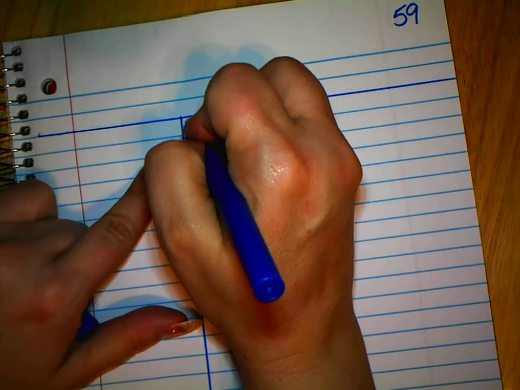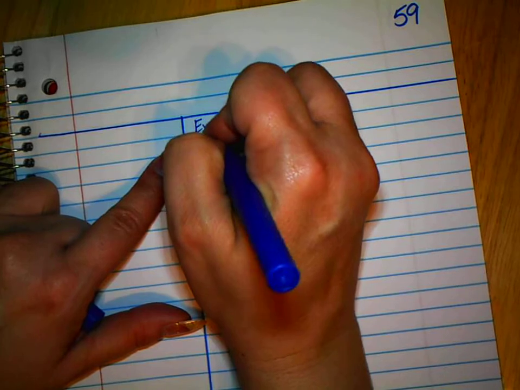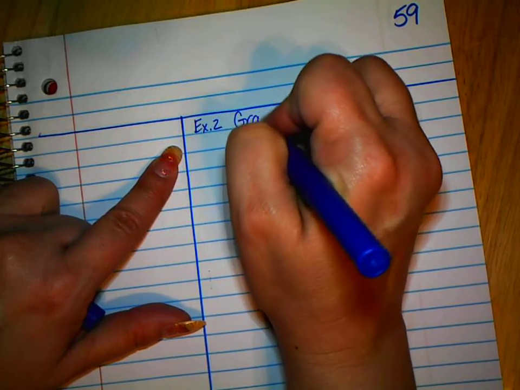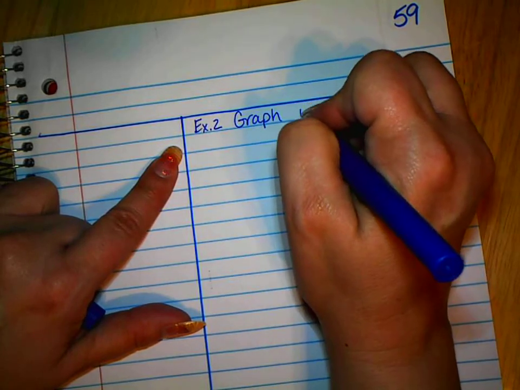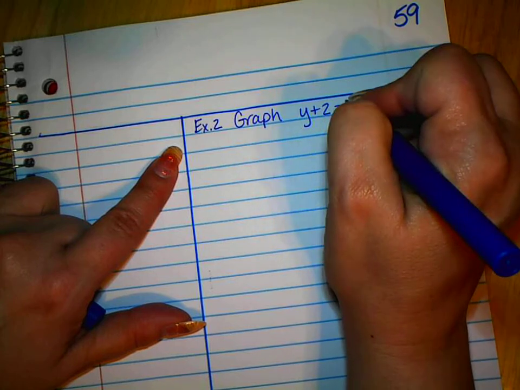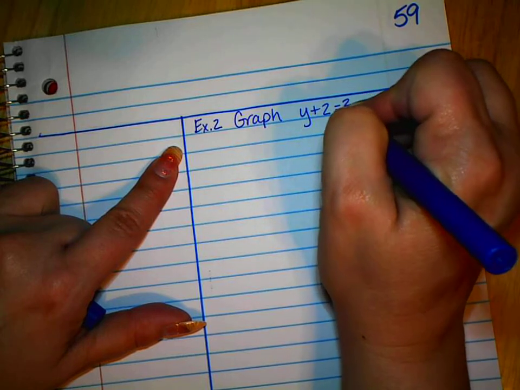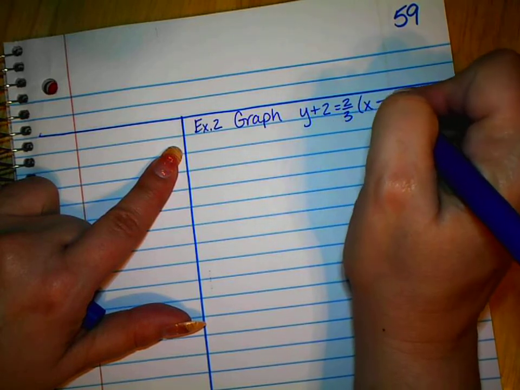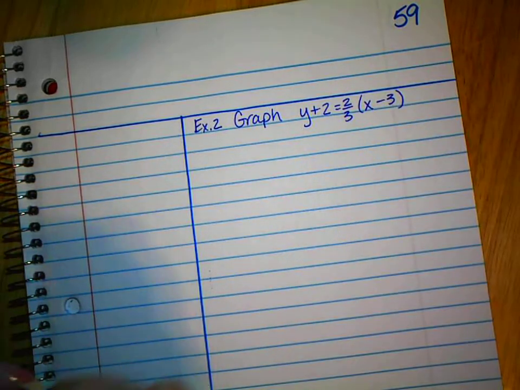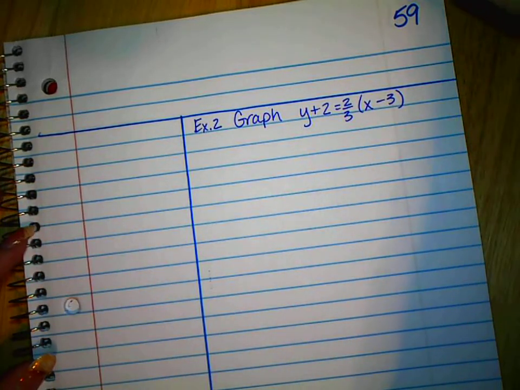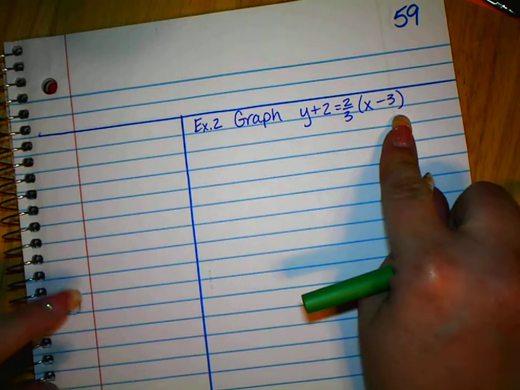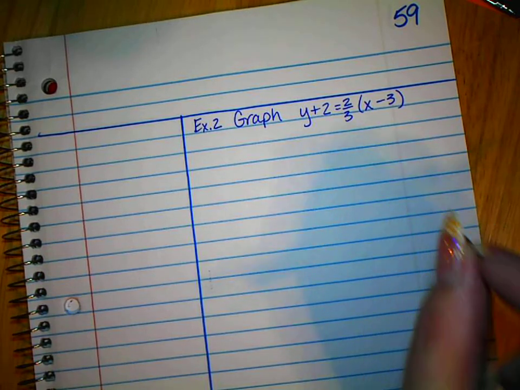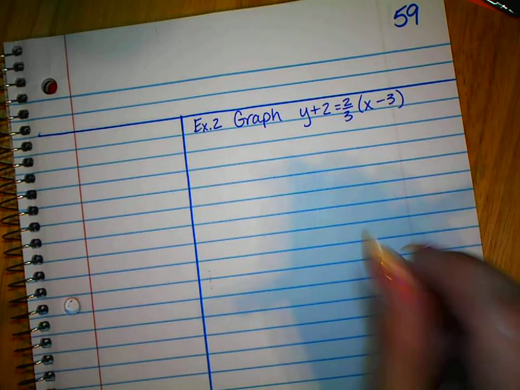Now, let's say we want a graph from point-slope form. So this is example 2, we're going to graph y plus 2 equals 2/3 times x minus 3. Well, what we need to understand is this is in point-slope form, which means it gives us a point and it gives us the slope.